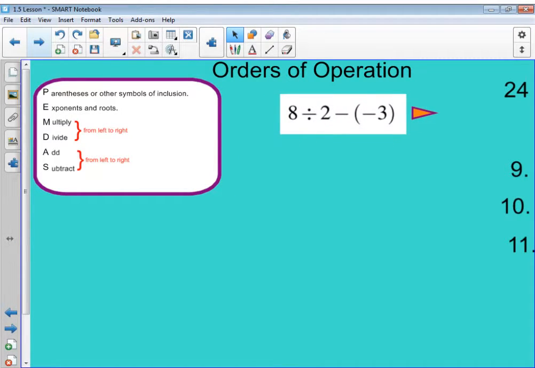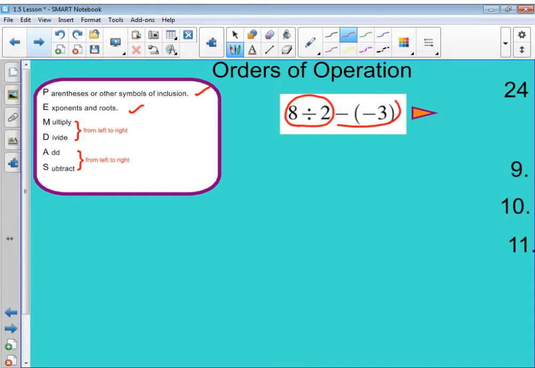Okay, so here I have some division. I don't have any parentheses other than for integers. I don't have any exponents. I do have some dividing here. And then I also have this spot right here that can also be simplified because really it is kind of multiplication. I'm taking a negative times this -3.